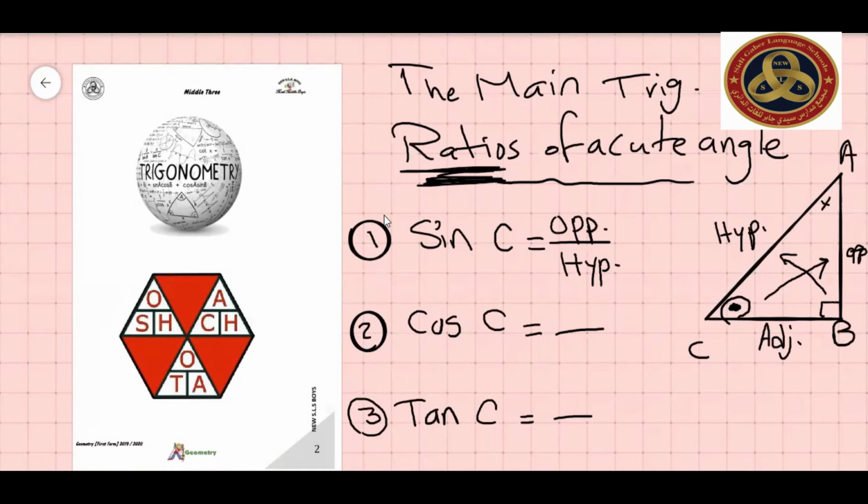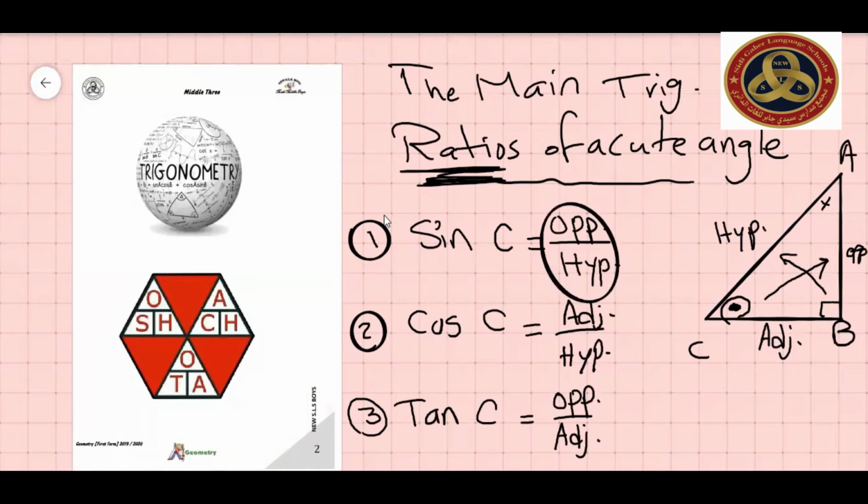The ratio of the cosine is adjacent over hypotenuse. And the ratio of the tan is opposite over adjacent. Okay, so first, before we start to solve any problem, you have to study these rules.